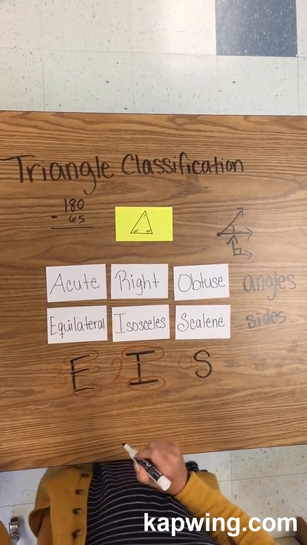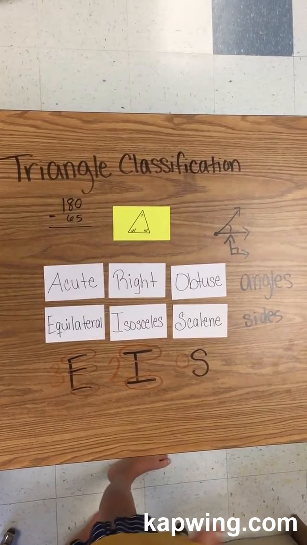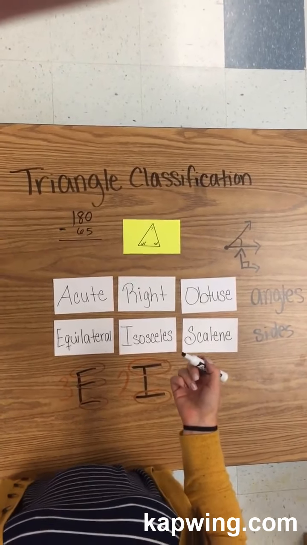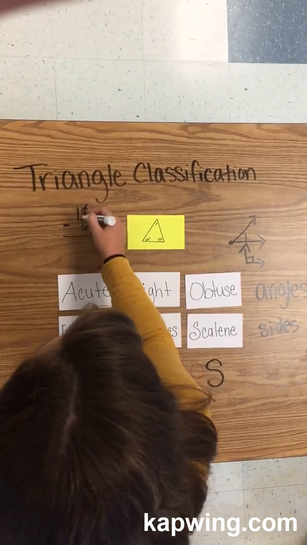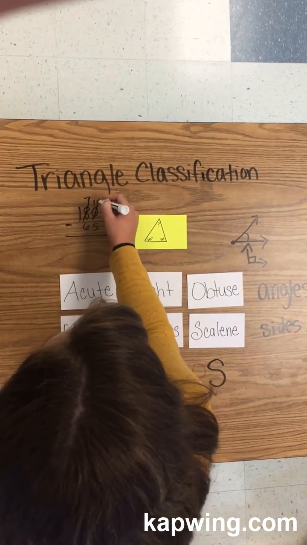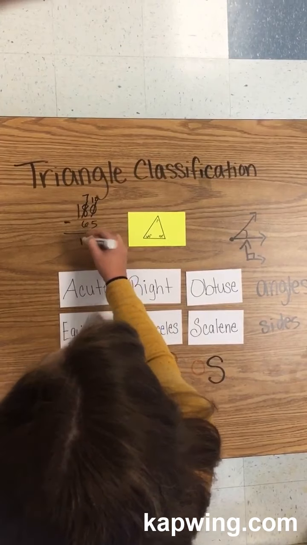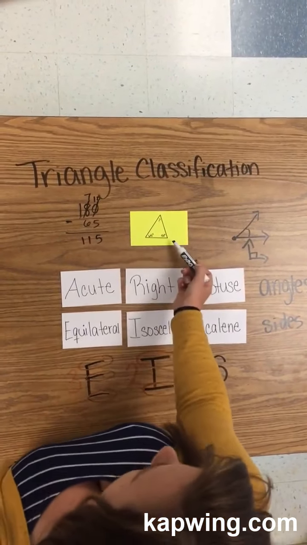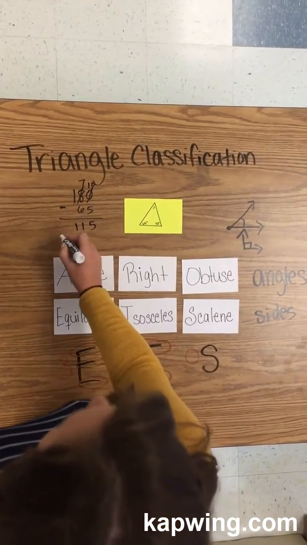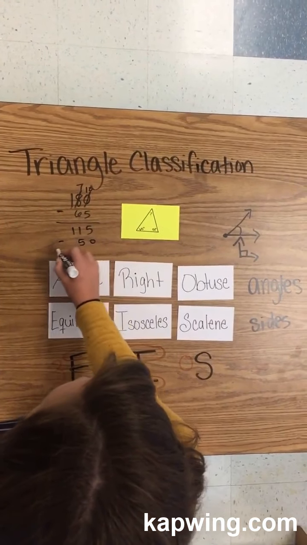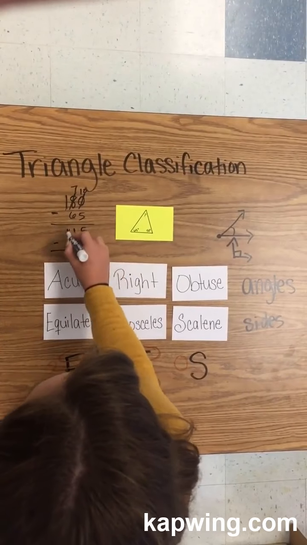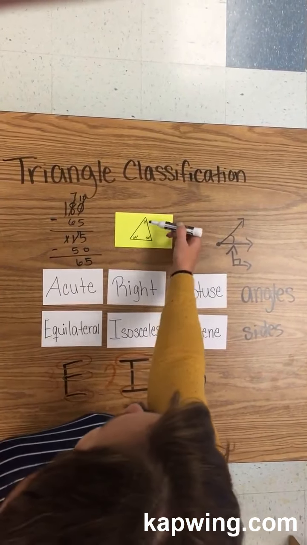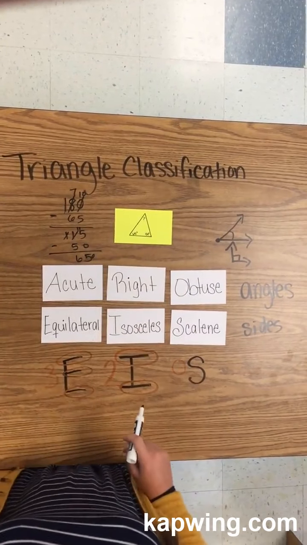When I take 180 minus 65, what'd you get? 115. Am I done? Nope. I need to take the remainder angle left. Minus 50 gives me 65. My mystery angle measures 65 degrees.